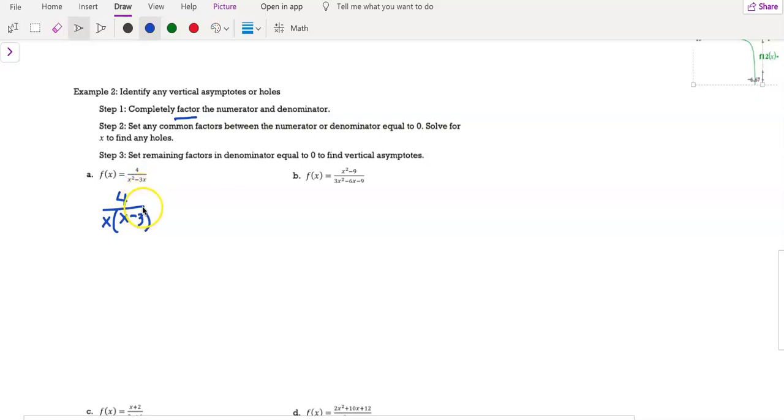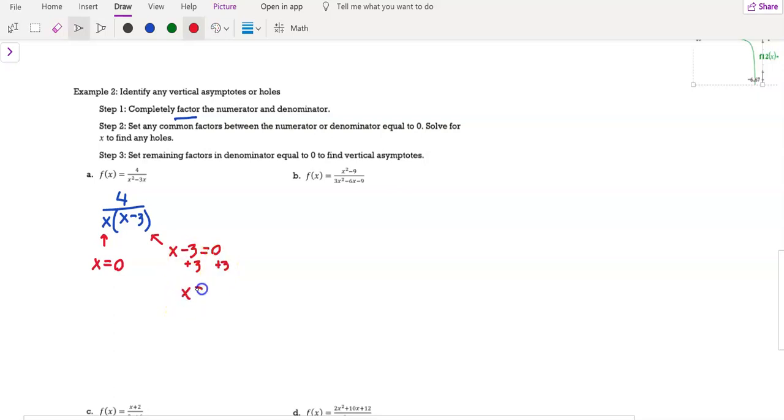All right, and now what we can do to find any vertical asymptotes is we can just take that denominator and set it equal to 0. So that means I have to take both of these and set these equal to 0. So I'll take this x first, set it equal to 0. I get x is equal to 0. Then I will take this x minus 3 equal to 0. So I have to add 3 to both sides.